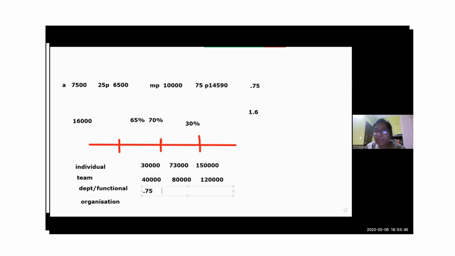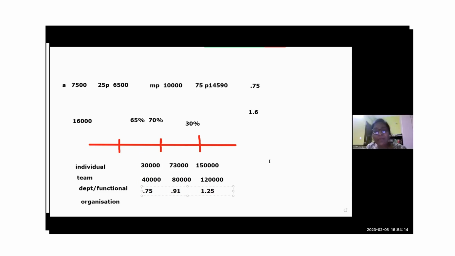Correct. Then the next, 0.91. Fantastic. The next, 1.25. Correct.